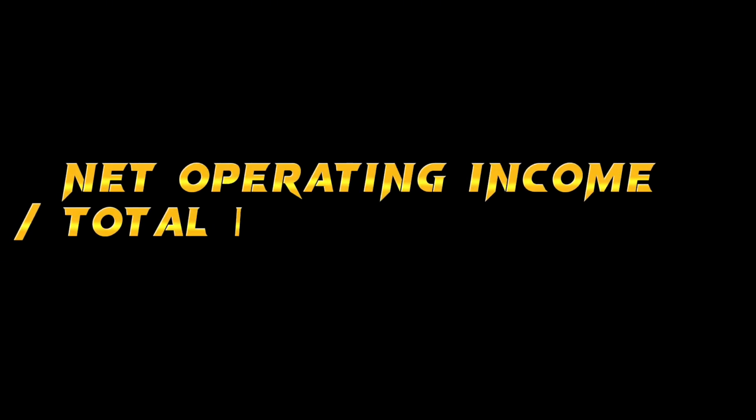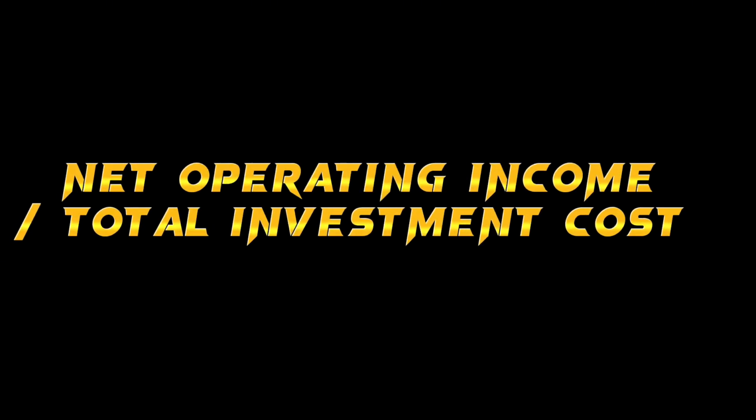The formula is to divide the net operating income, in this case 2 million naira, by the investment cost, which we talked about earlier in this video as a total of 40 million naira, times 100/1 to get a percentage.